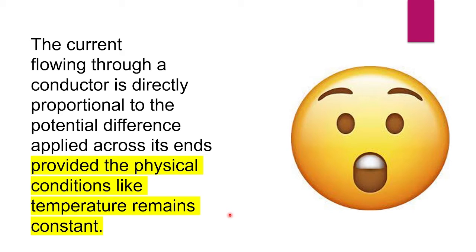So please remember, when you are writing the statement, there are two parts. The first part talks about the relation, that is the variation of current with potential difference, and the second part talks about the condition under which the law holds true.